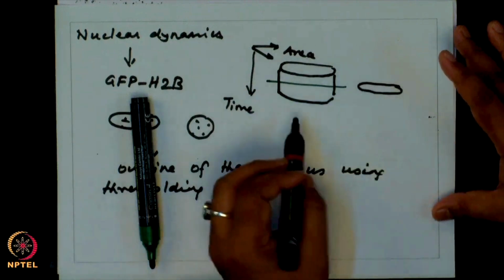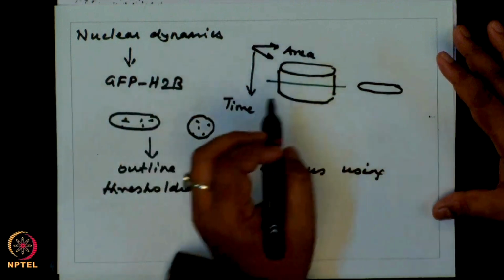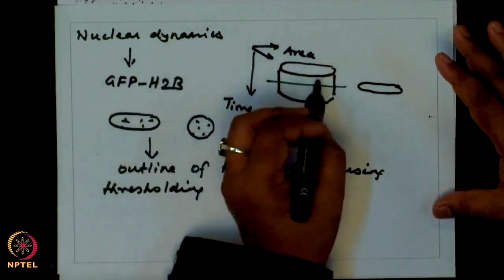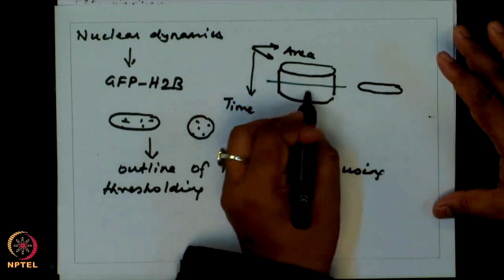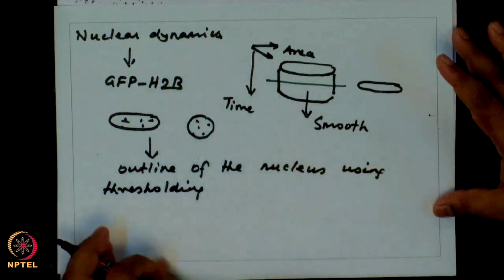So, what they found was that on the LP islands, the large polarized islands, the nuclei, this surface that they generated was very smooth.